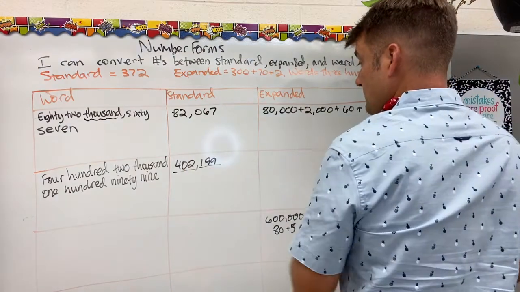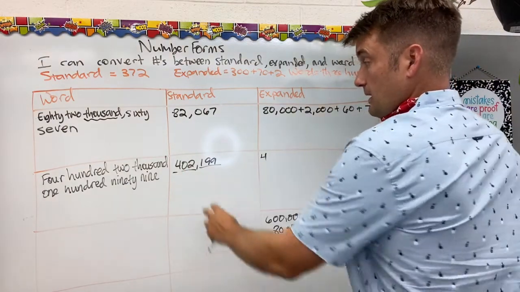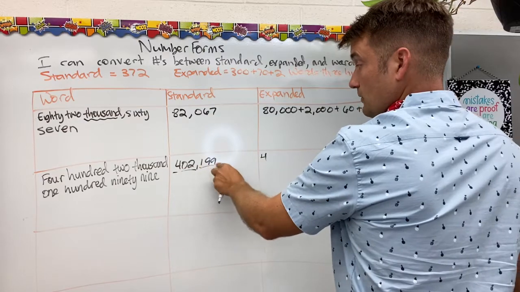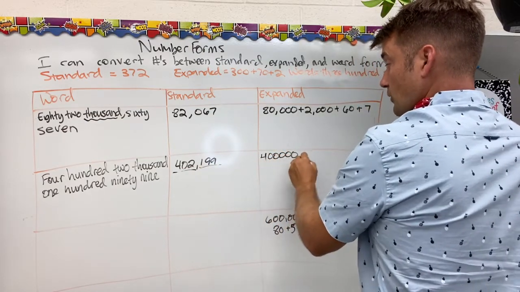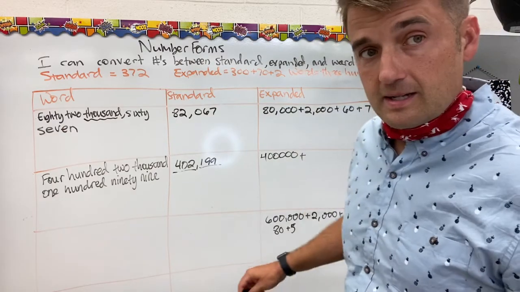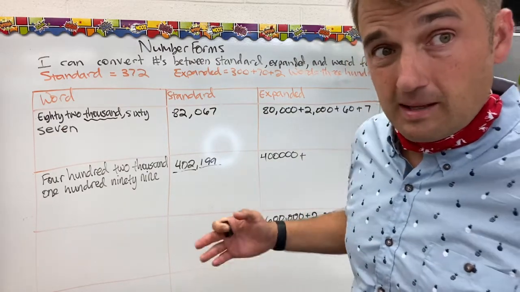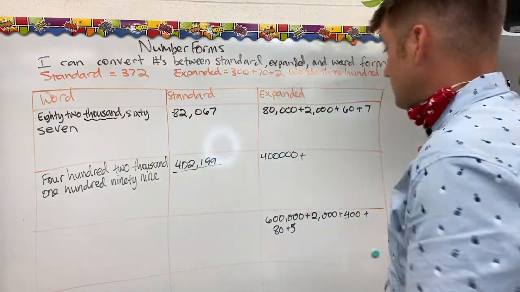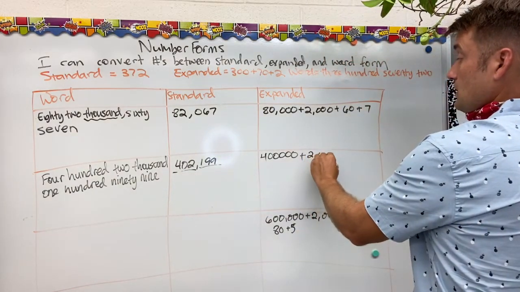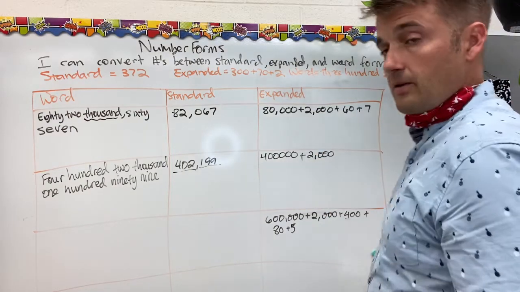Expanded form. Start with this digit. It has 5 spots, so that's 400,000. The next thing I have is a 0, so I'm going to skip it. That is a 2 in the thousands place, and that is 2,000.